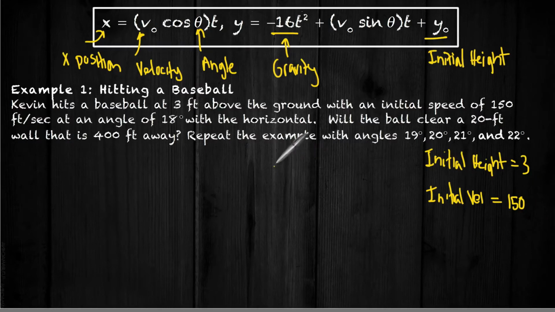It says he hits it with an angle of 18 degrees, so our theta is 18 degrees. And so essentially we have an object, a baseball, being hit at an angle. And the question we want to ask is, will the ball clear a 20-foot wall that is 400 feet away? For this, we need to use our calculator and see if we can simulate the path of this object.